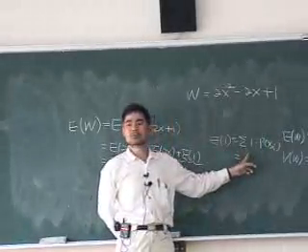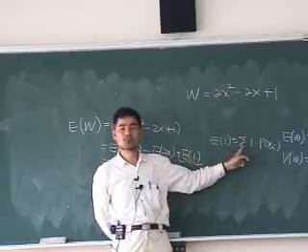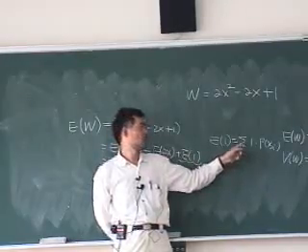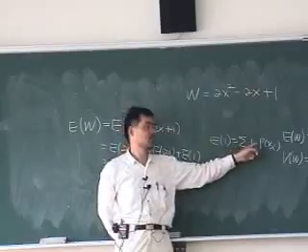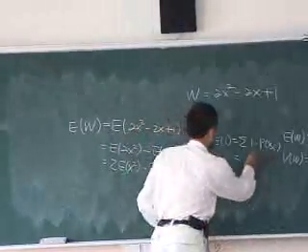What is this equal to? The girl with the pink coat. What is this one equal to? The summation of 1 times p(xi) is equal to 1, right? Good. Okay.